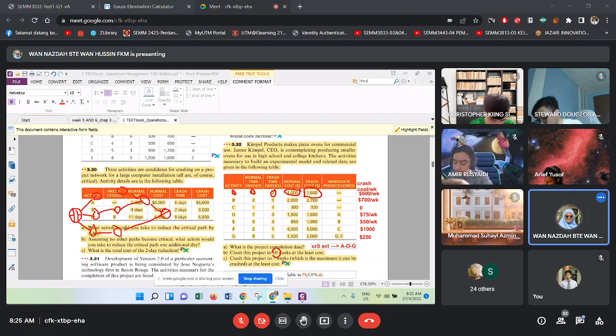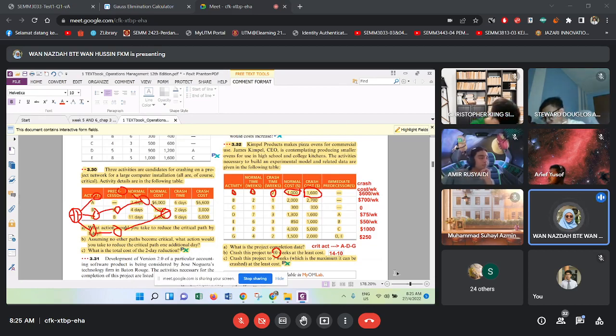All right. So now it's time to crash the course. You need to crash the course from 14 to 10. If you want to crash the course, remember these two rules.